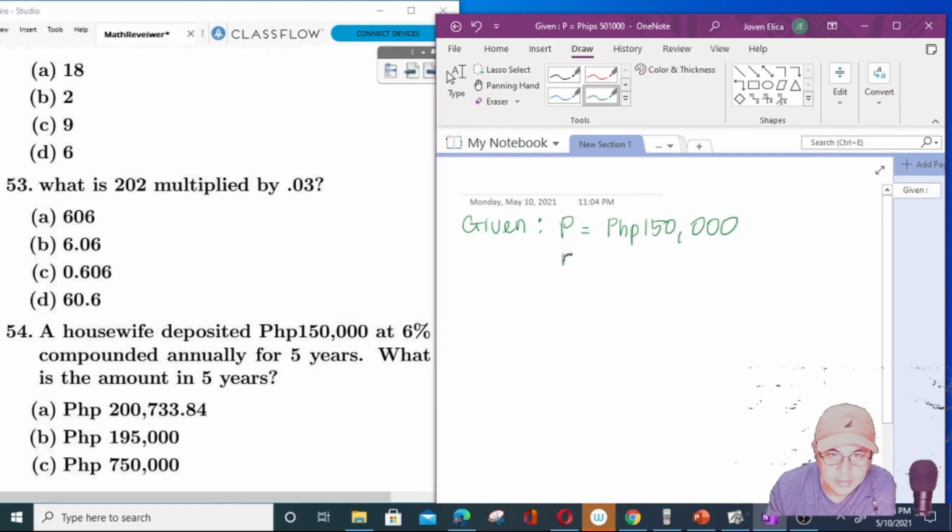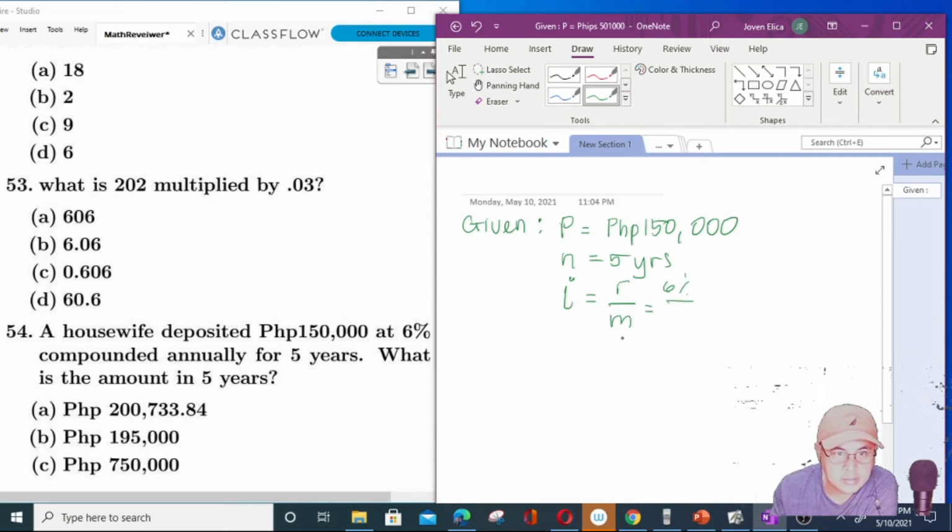So your N is equal to 5 years. And your interest rate I, since this is compounded annually and this is a compound interest problem, will be equal to the nominal rate R over M, where R is 6%, divided by M. What is our M?